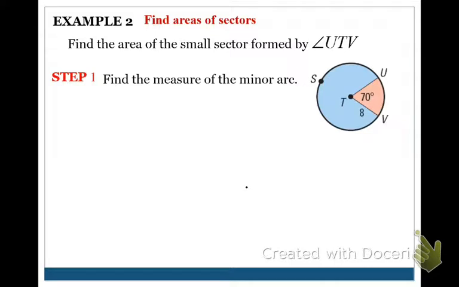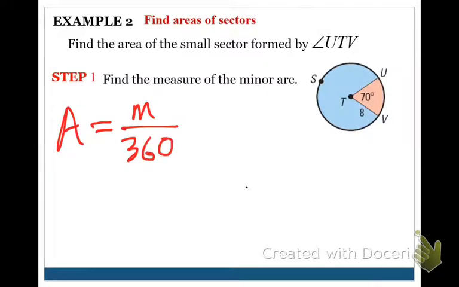Find the area of the small sector. So they're talking about the pink. Find the area of the small sector formed by angle UTV. So here's how we're going to do it. We're going to say area equals m over 360 times pi r squared.